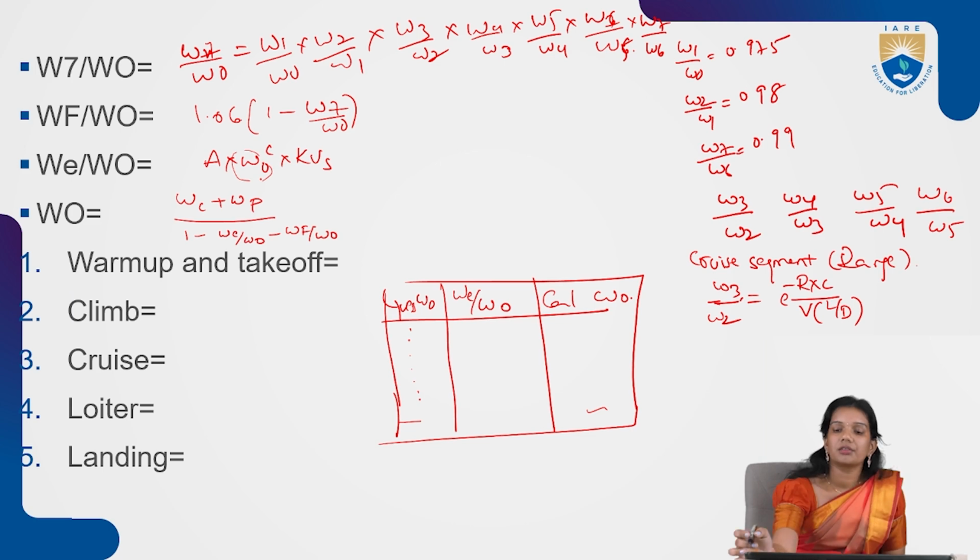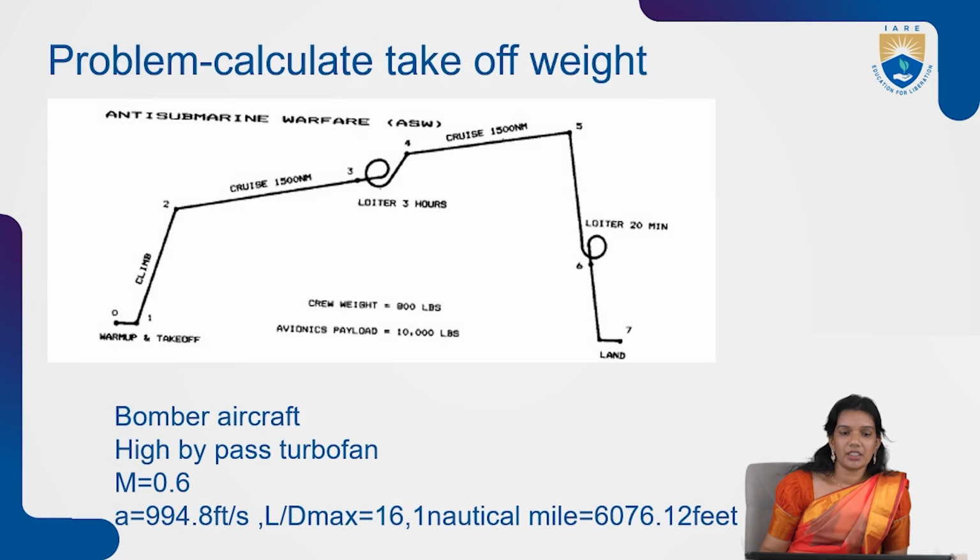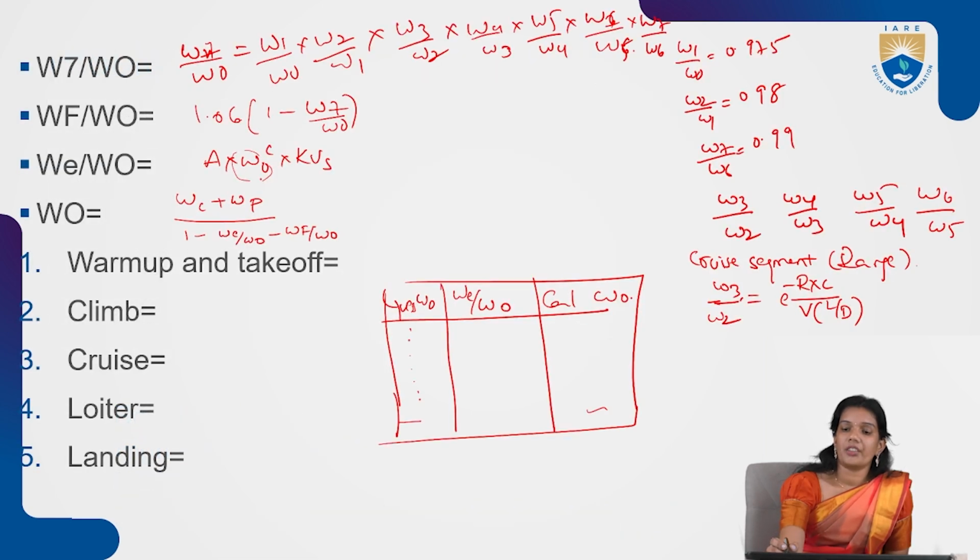How much range is given for the cruise segment? It is cruising for 1500 nautical miles, and we know 1 nautical mile is 6076.12 feet. Therefore, range 1500 into that, converted into feet, will be your R.